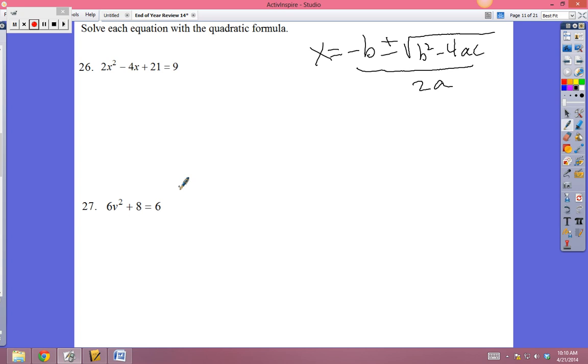So your first move before you do anything is we got to figure out the value of a, the value of b, and the value of c. And we can't do that until you get everything on the same side. So we got to move this 9 over. So if we minus 9 from this side and minus 9 from this side, we're going to have 2x squared minus 4x plus 12.